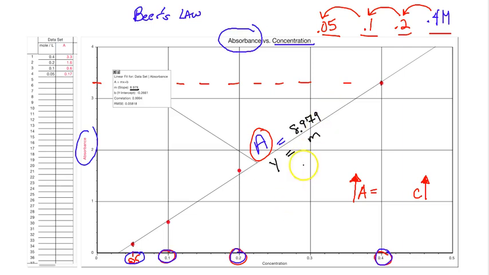The x is going to be concentration, I'll just put that as C, plus the y-intercept, which will be negative because the line goes through the negative, and I get negative 0.2661. So I've got my equation. If the computer can read me an absorbance, all I have to do is solve for C.